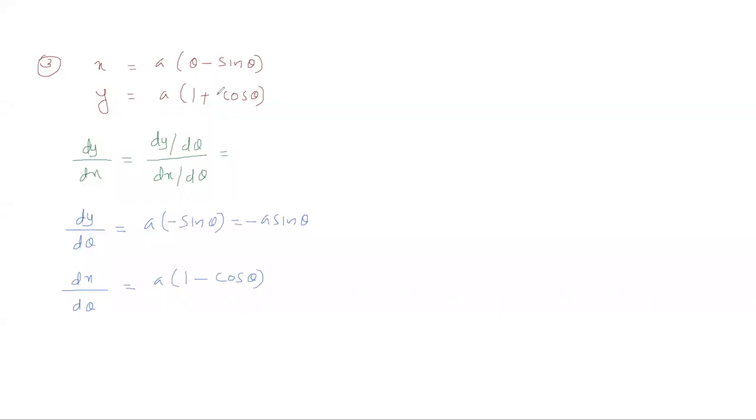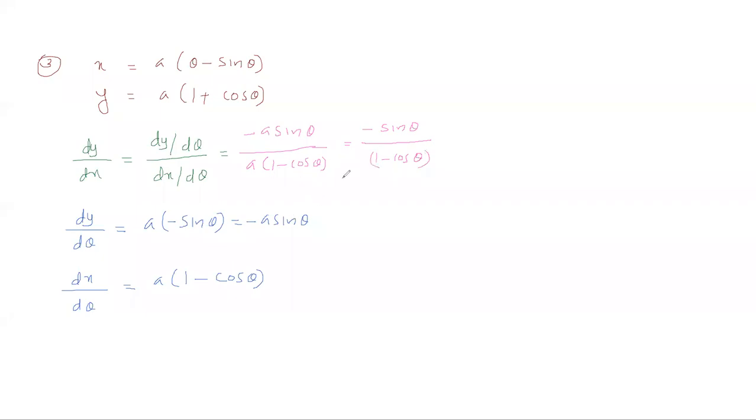So coming back, dy by dx is minus a sine theta divided by dx by d theta, which is a into 1 minus cos theta. So which is equal to minus sine theta divided by 1 minus cos theta.